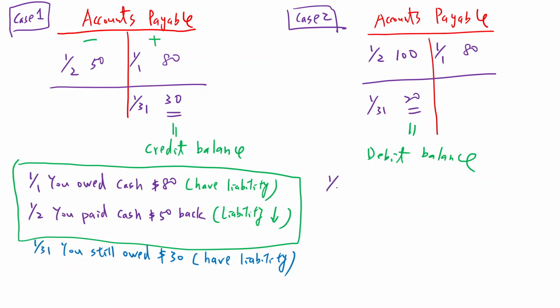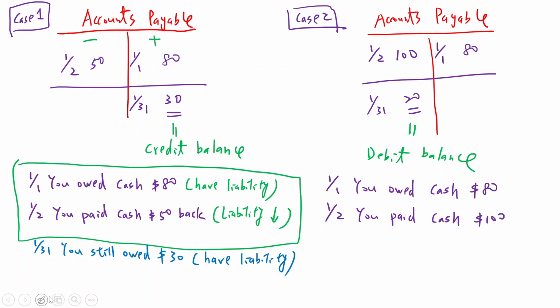So first day, you owed cash 80. Next day, you paid cash $100. What do you think? Impossible, right? Because you just owe them money 80, so you will pay the money back only $80, right? So impossible to do that.